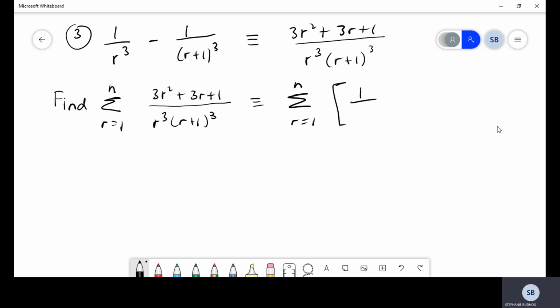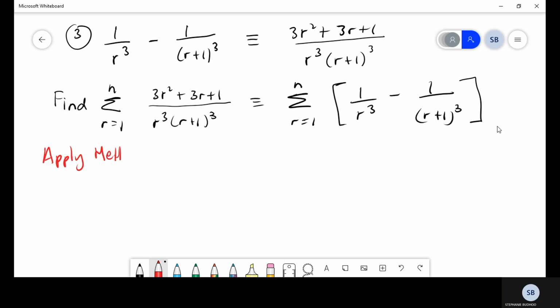You want to use some big brackets here. And you guys should have picked up on a pattern by now. The purpose of splitting up a fraction into partial fractions is so that you can go ahead and apply that method of differences, right? Once you see that difference of two functions, you can successfully apply that method of differences.